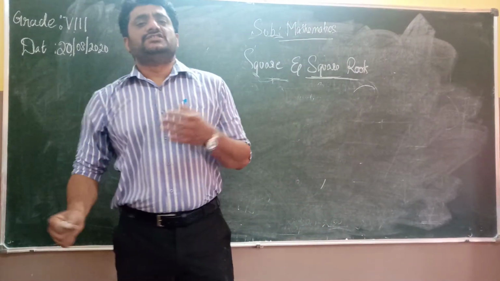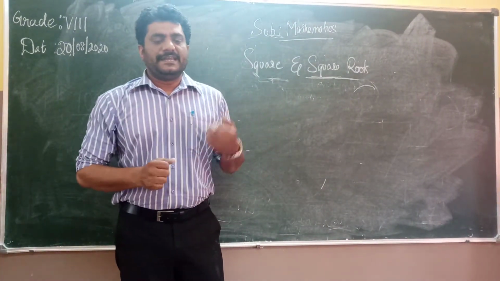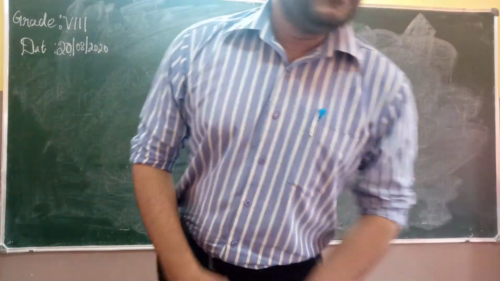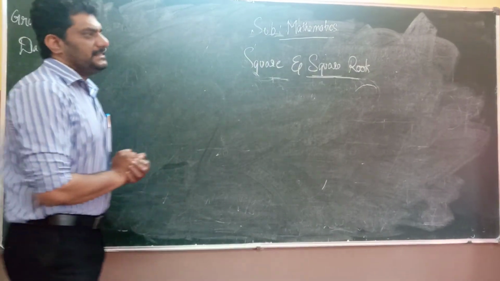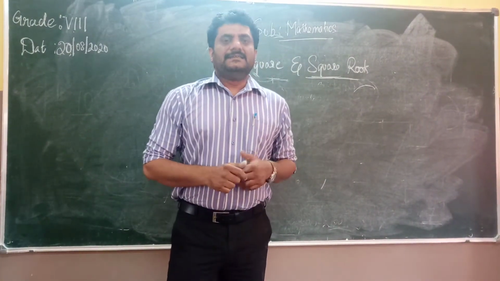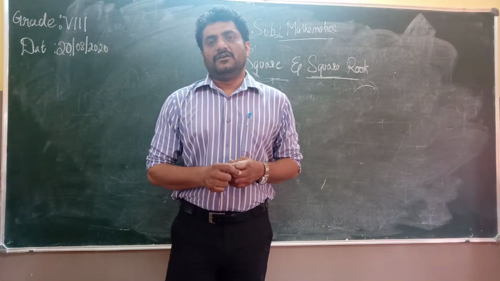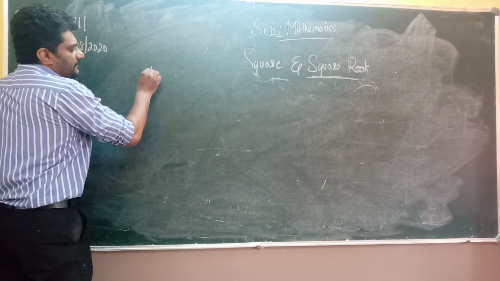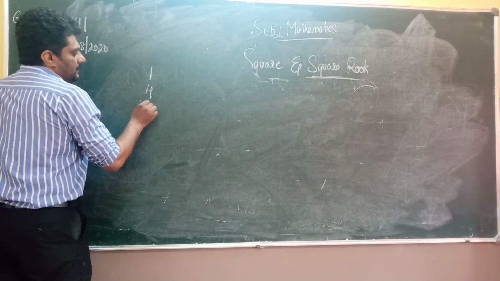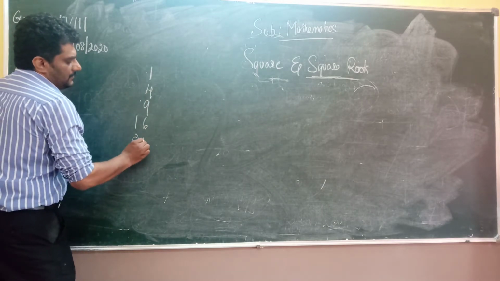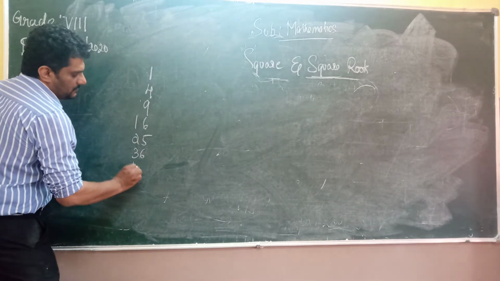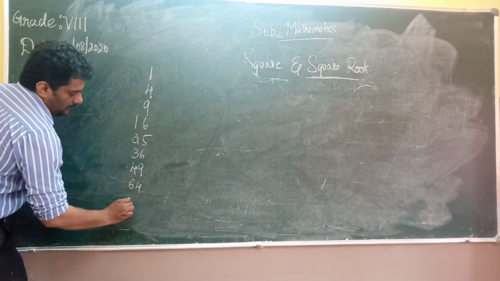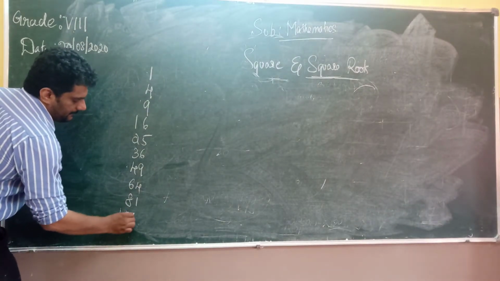Now we started with the introduction of square roots. Now the next one is the properties of square roots. When I say properties, it is nothing but how can you tell a given number is a square number or not. If you know the pattern, whenever you have the square numbers, this is the first one, 4, 9, 16, 25, 36, 49, 64, 81, 100.